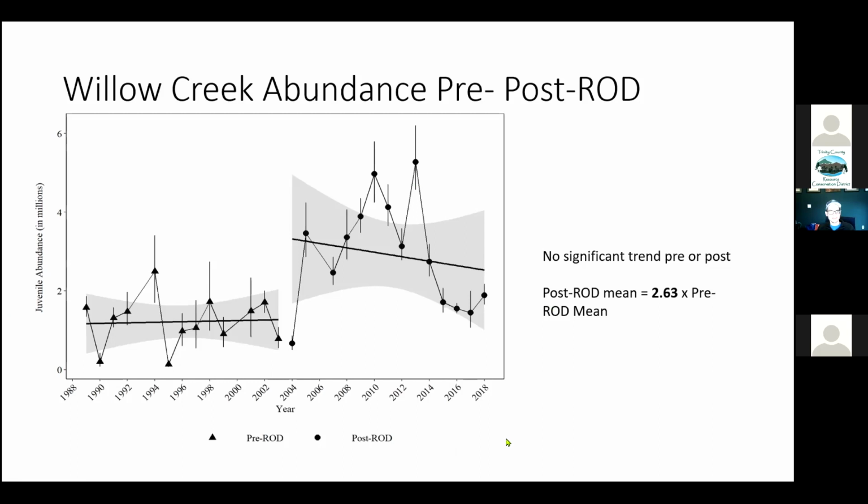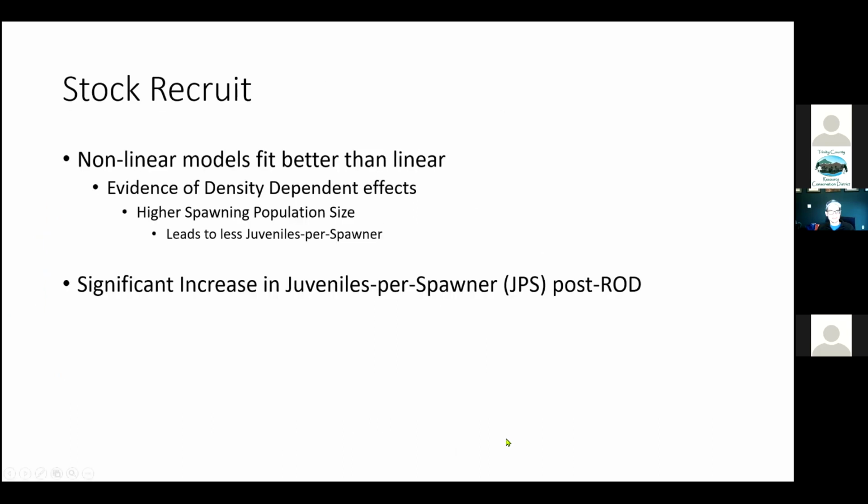So that's my fish tank analogy. Again, we see some positive influences of the Record of Decision flow, but we don't see any trend in abundance or biomass like at Pear Tree, which is all post-ROD, and not all. There's a couple years in the beginning which are pre-ROD, but we just lumped them into that.